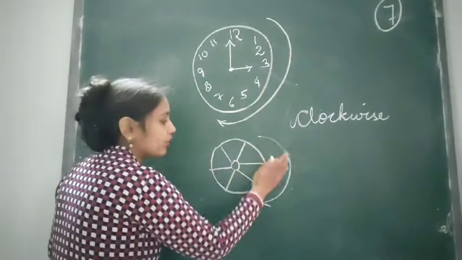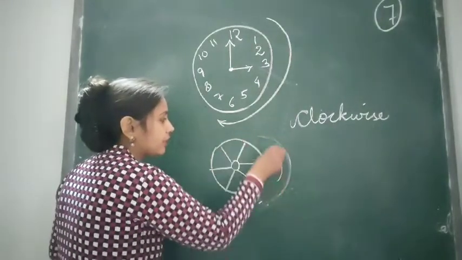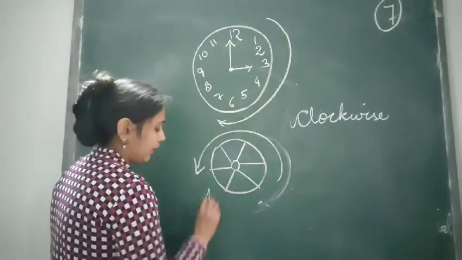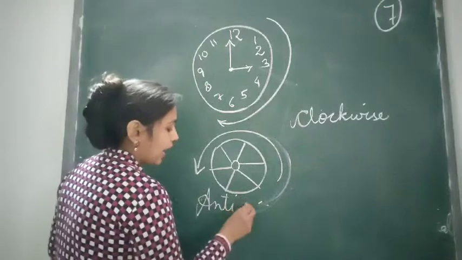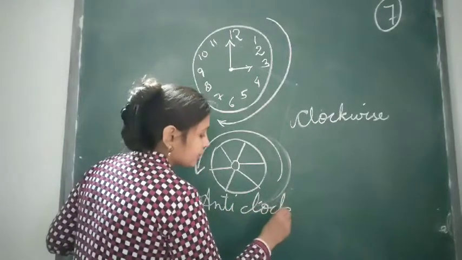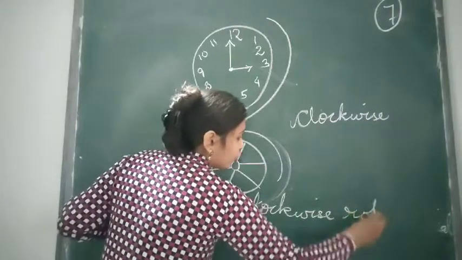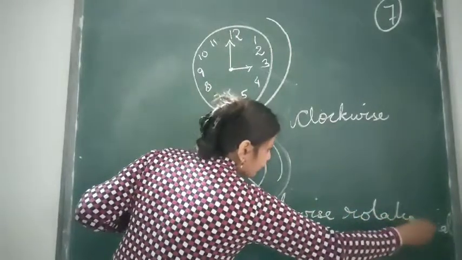Now, when you rotate the same wheel in this direction, from right to left, then it is said to have anti-clockwise rotation.